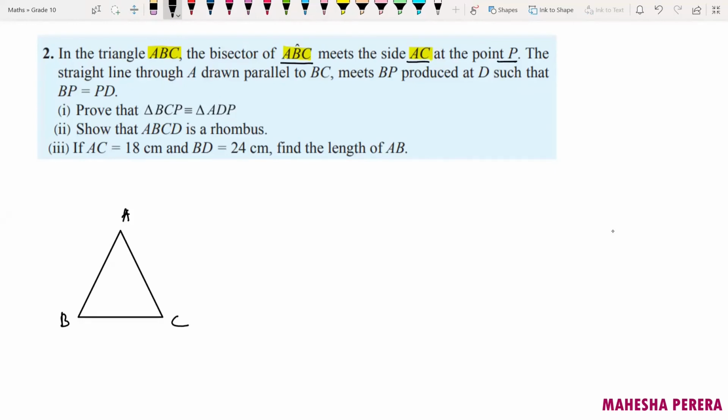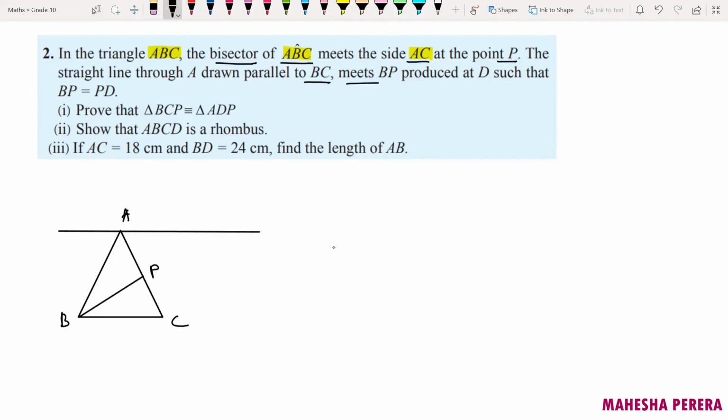So let's draw the bisector. So this point is P. Then the straight line through A drawn parallel to BC. Now we need to draw a straight line through A which is parallel to BC. Right, let's draw it.